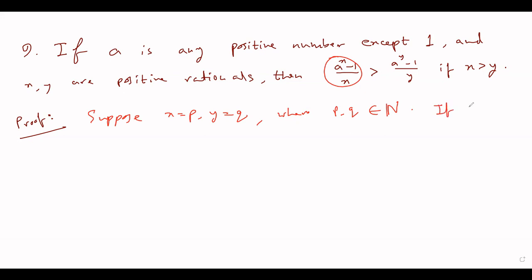So now if p is greater than 1, concentrate on this expression a to the power p minus 1 by p. We are dealing with integers only, so the immediate integer that p follows is just p minus 1. So I'm going to subtract the expression for that value, and I'm going to prove that eventually this is greater than 0.